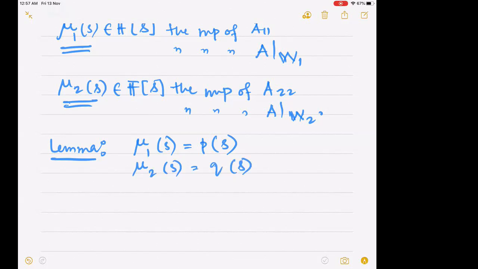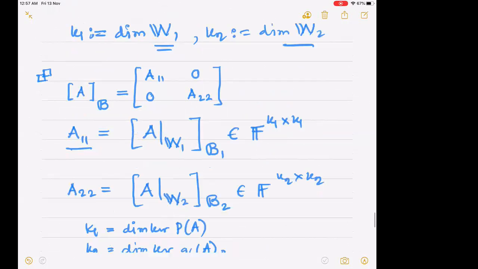So not only do we have a block diagonalization of our original operator A, but the minimal polynomial of this block is p(s) and the minimal polynomial of this block is q(s). Remember, this part corresponds to the subspace kernel p(A), and this part corresponds to the subspace kernel q(A). Accordingly, their minimal polynomials also match these two factors p and q. Surprising, right? So let us try to demystify why this is true.